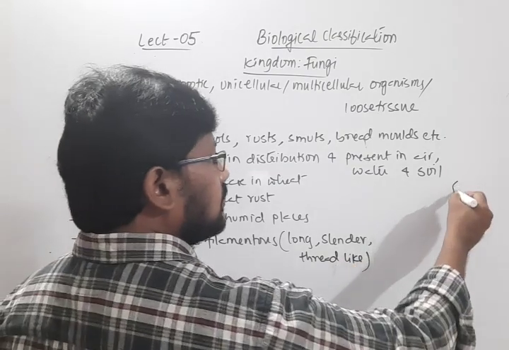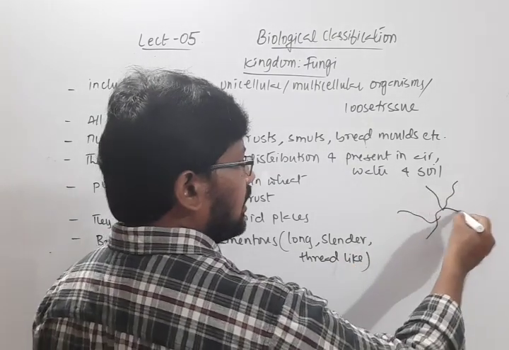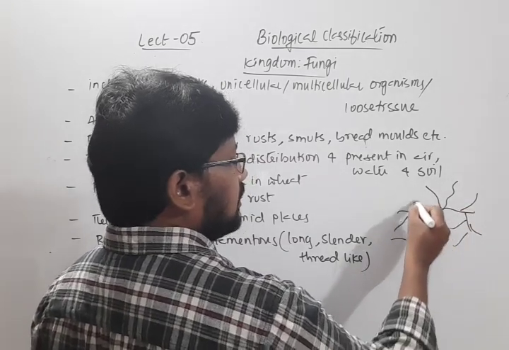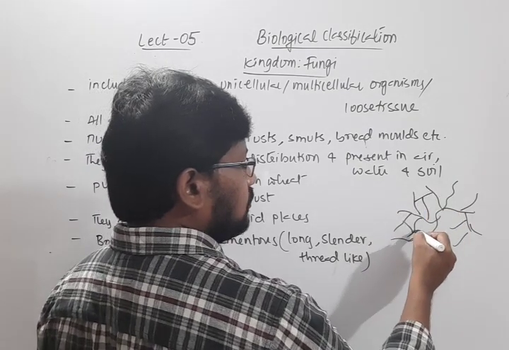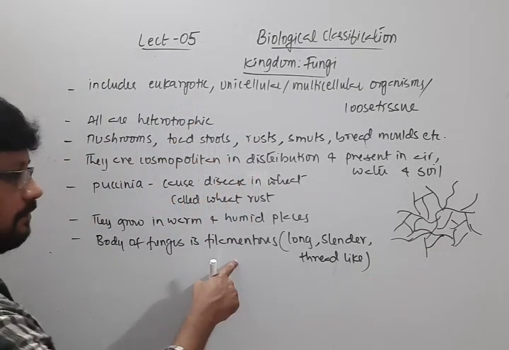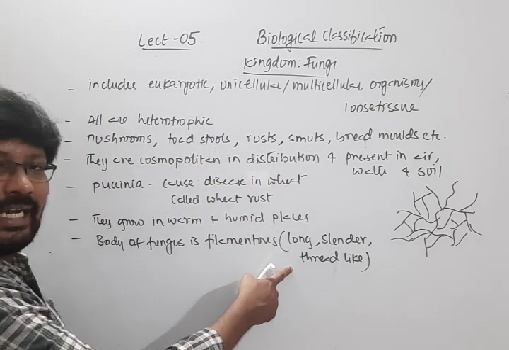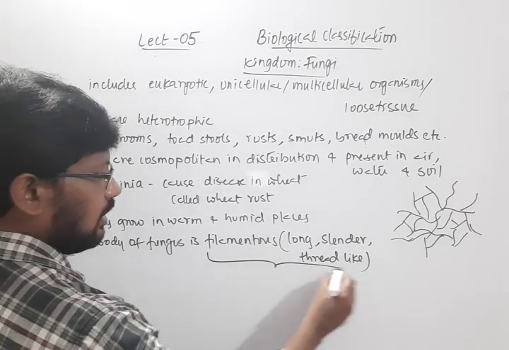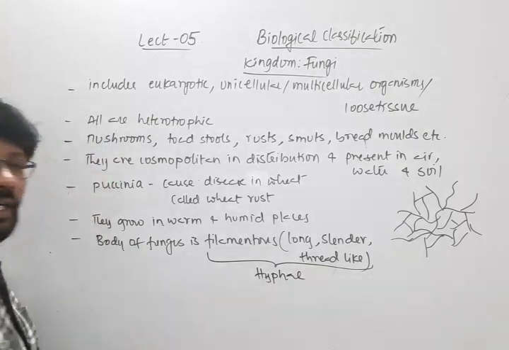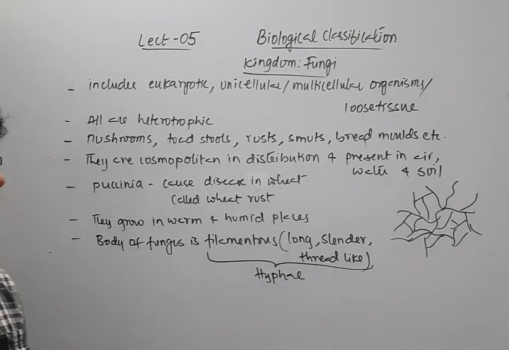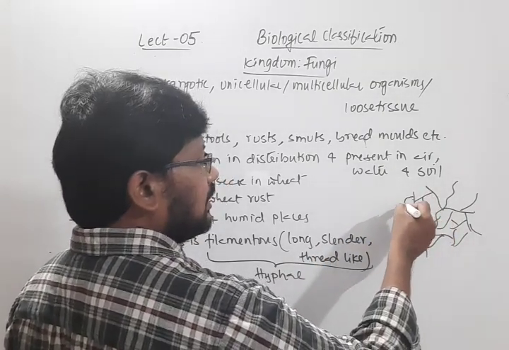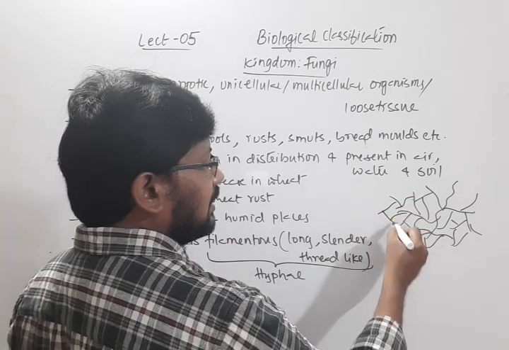So we'll see something like this. They are long, thread like, and you will see some of them branched, in some cases unbranched, and they all interconnect to form a network. Those filamentous, long, slender, thread like structures are called hyphae, singular hypha, plural hyphae. The hyphae are all connected to one another, so they are interconnected.